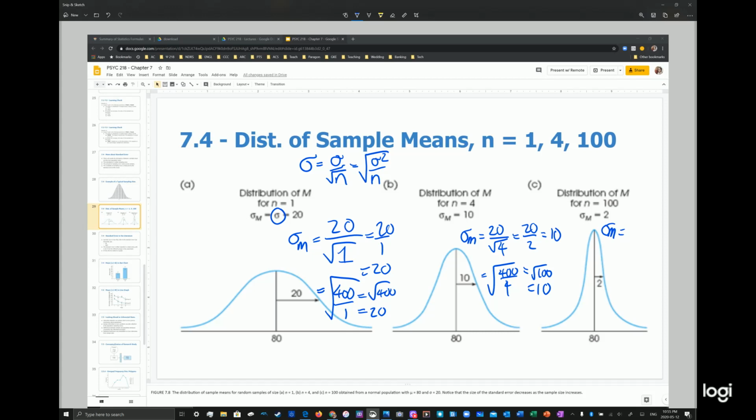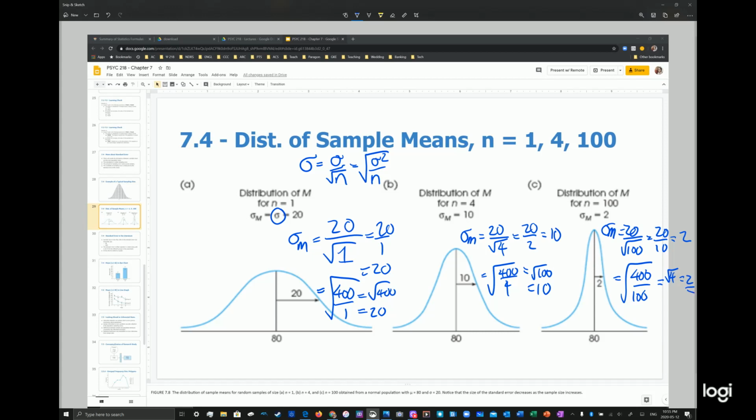As you can see, as the denominator n gets larger, your standard error gets smaller. So again, we start with the population standard deviation, that is 20, and we square root 100, which is 10. 20 divided by 10, that's 2. And then one more time, 400 over 100, that's the square root of 4, which is 2.